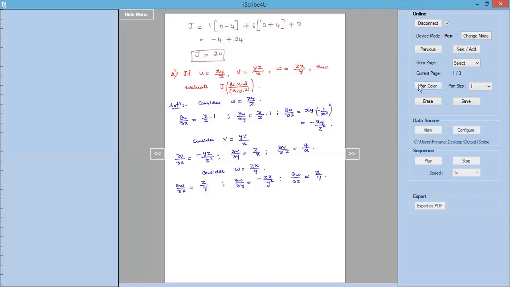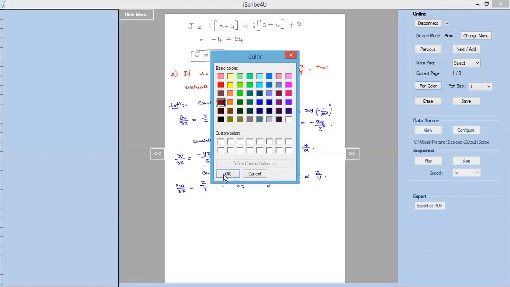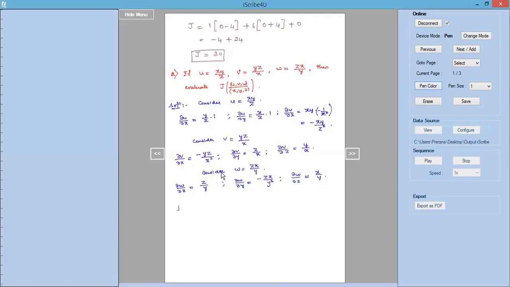So with all these partial derivatives, we are going to substitute in the Jacobian formula. So Jacobian J is equal to dou of UVW with respect to XYZ. And this is a 3 cross 3 determinant. We'll write down the formula first. Dou U by dou X, dou U by dou Y, dou U by dou Z, dou V by dou X, dou V by dou Y, dou V by dou Z, and the third row dou W by dou X, dou W by dou Y, dou W by dou Z, under 3 cross 3 determinant.